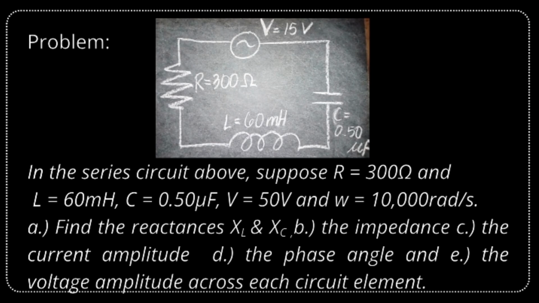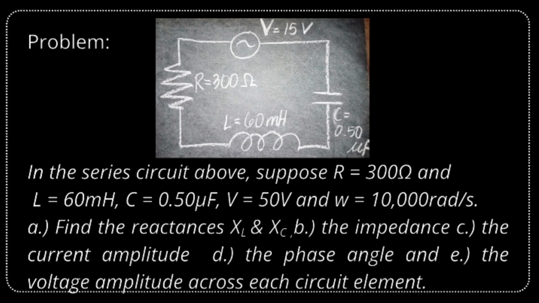So now let's have a problem in which in a series circuit above, suppose R is equal to 300 ohms and L is 60 millihenry and C is 0.5 microfarad and V is equal to 50 volts and W is 10,000 rad per second.